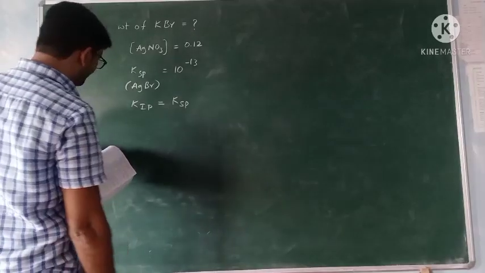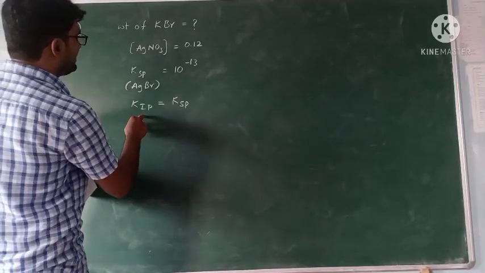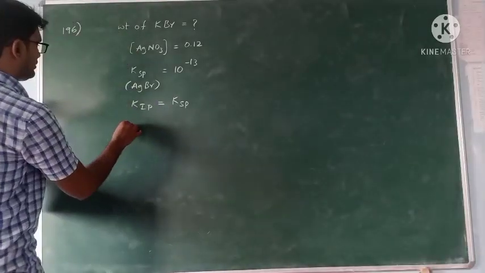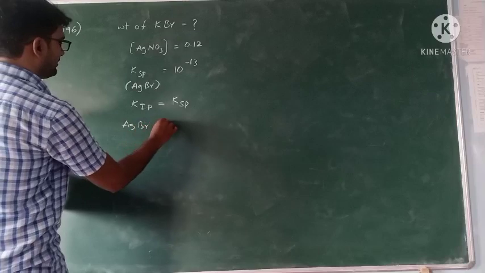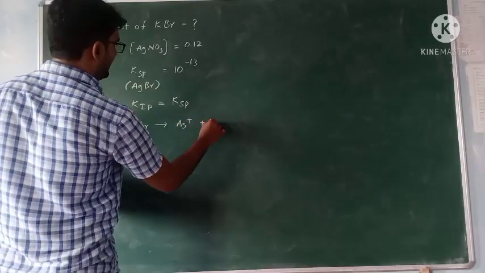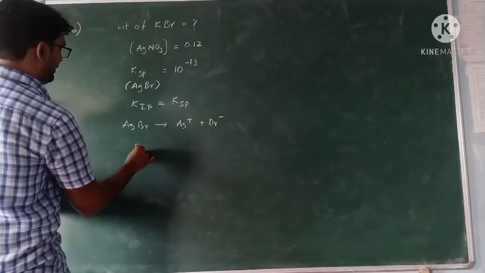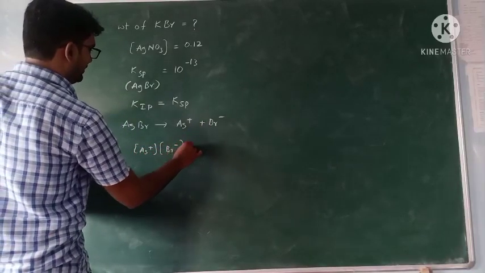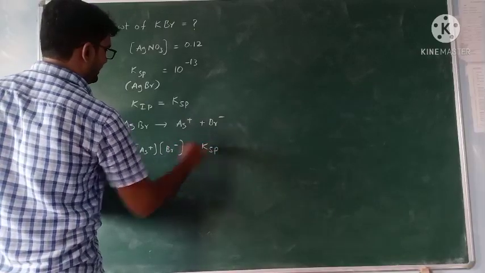We know very well, but KIP of AgBr means AgBr is dissociated as Ag plus and Br minus. So concentration of Ag plus into concentration of Br minus must be equal to the KSP.